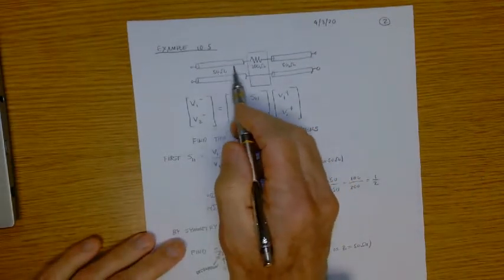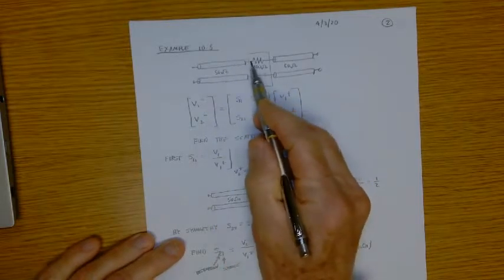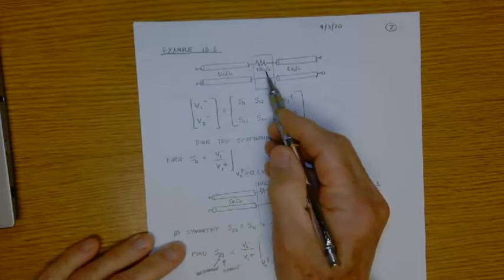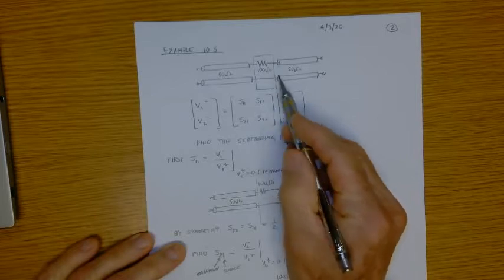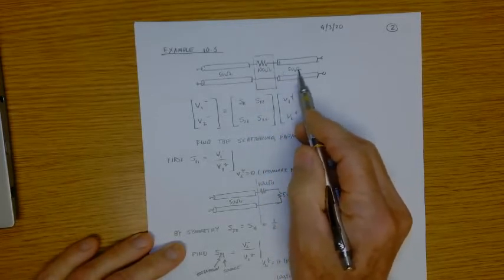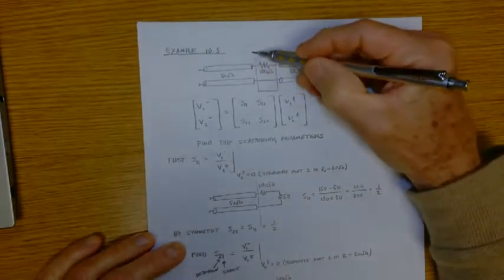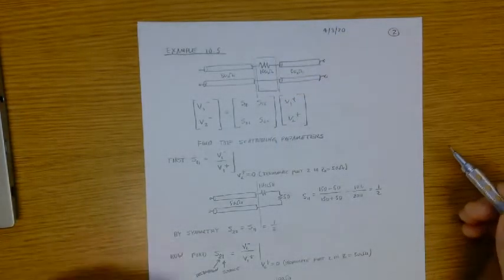Okay, so here's a 50 ohm transmission line, and it's connected to a simple microwave network, just a 100 ohm resistor. And then on the output side of this microwave network is another 50 ohm transmission line. So we want to compute the scattering matrix at these two ports.